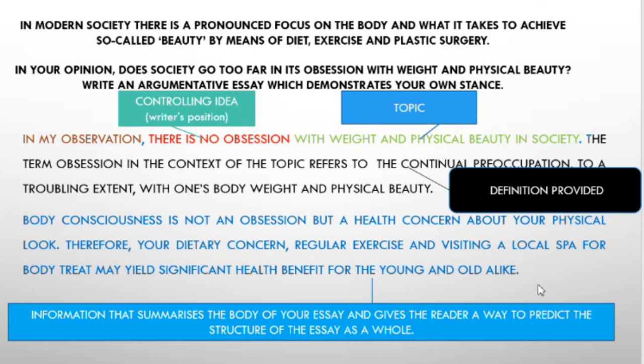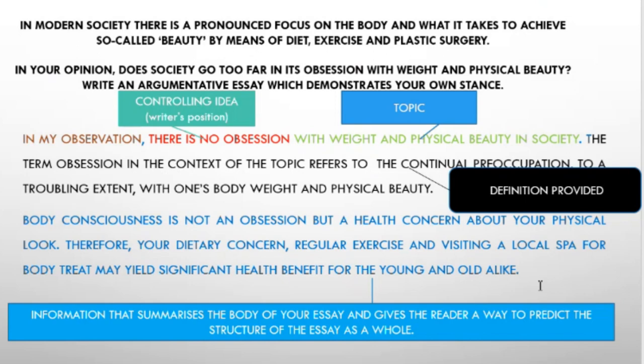This is what the student says obsession means. So he's going to be using that understanding of obsession to argue that there is no obsession. And he's actually indicating to the reader what he means by obsession, so that we don't get confused. This is the working definition that the student would be using right through the essay.